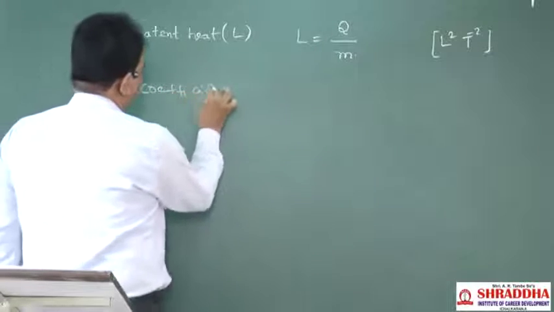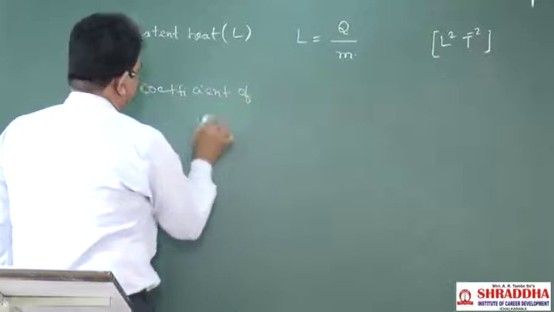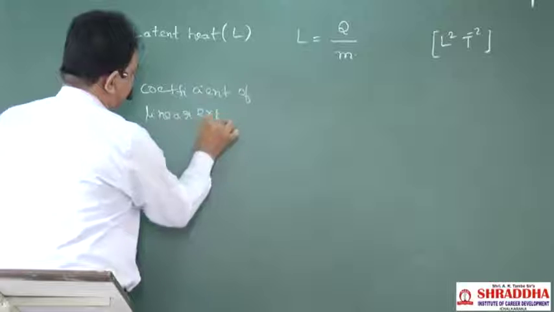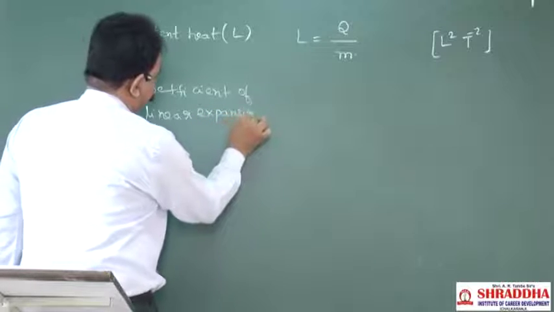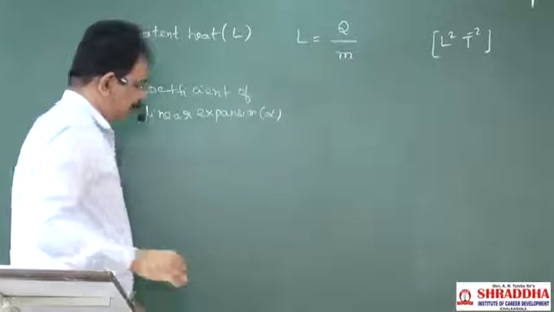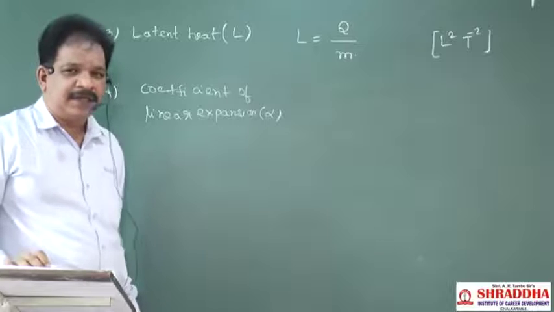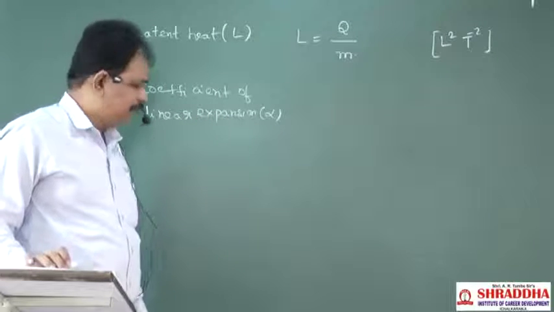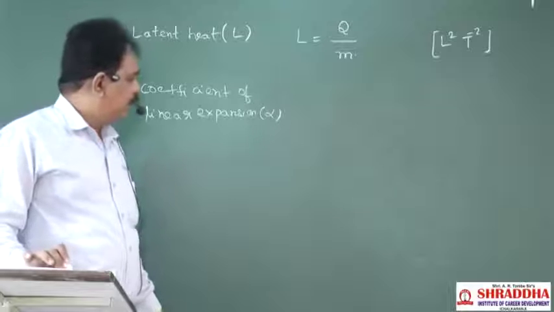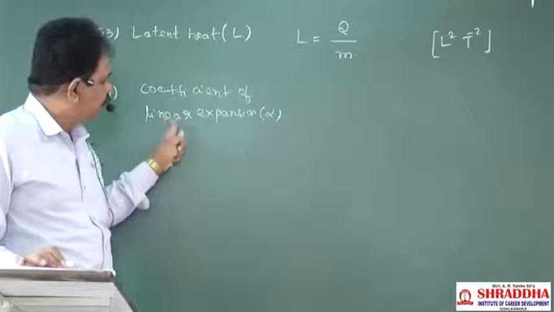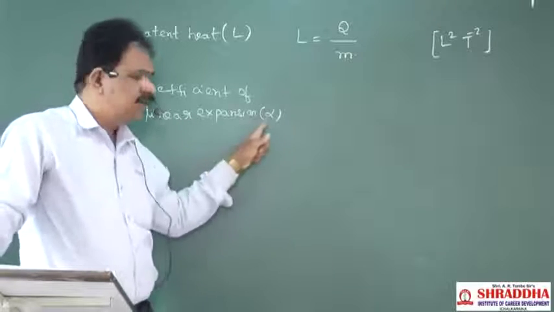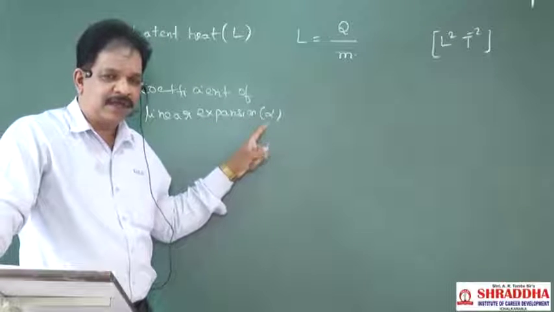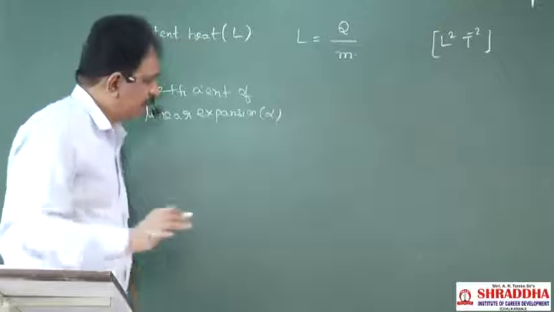Coefficient of linear expansion. It is indicated by the letter alpha. Coefficient of linear expansion, alpha, or coefficient of areal expansion, beta, coefficient of volume expansion, gamma, all are having the same.